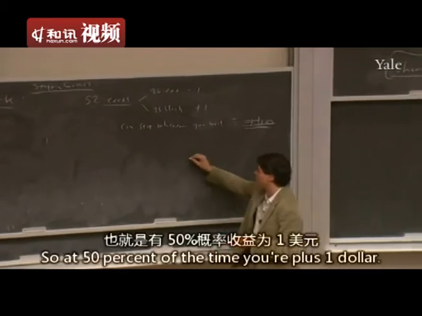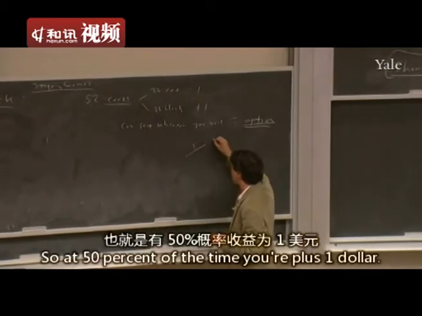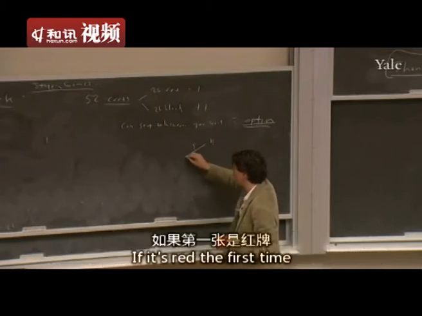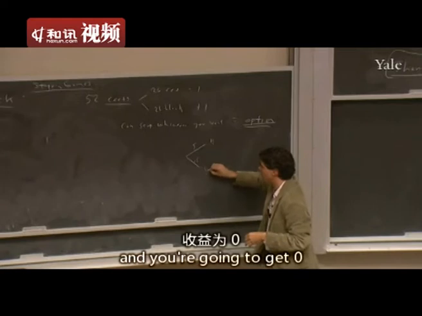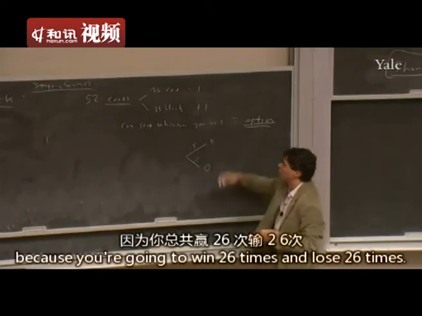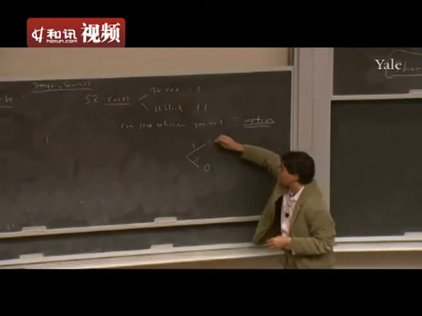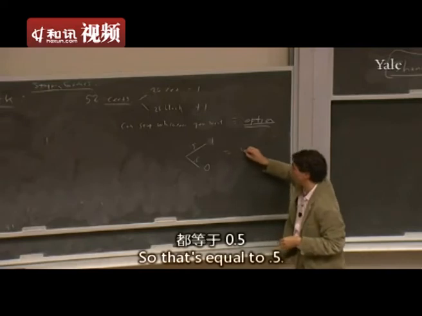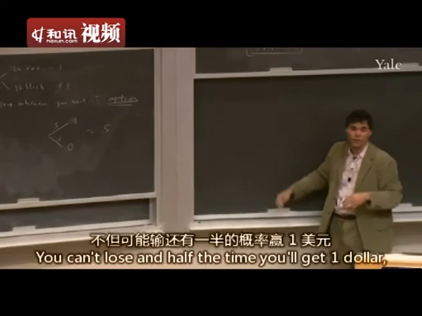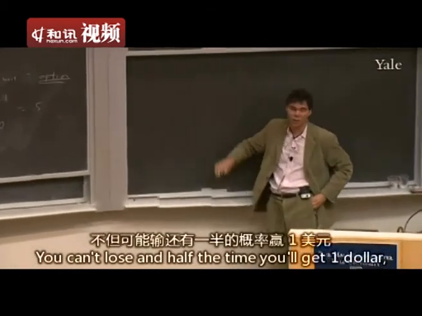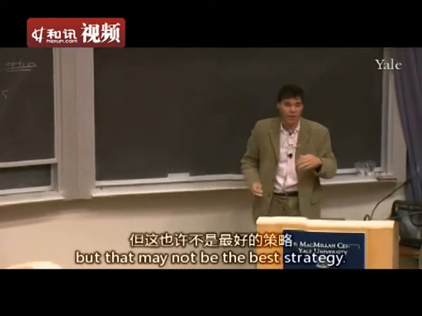You're $1 ahead. So 50% of the time, you're plus $1. If it's red the first time, just close your eyes and play to the end of the game, and you're going to get 0, because you're going to win 26 times and lose 26 times. So that's equal to 0.5. There's one strategy that gets you 50 cents on average. You can't lose, and half the time you'll get $1. But that may not be the best strategy.